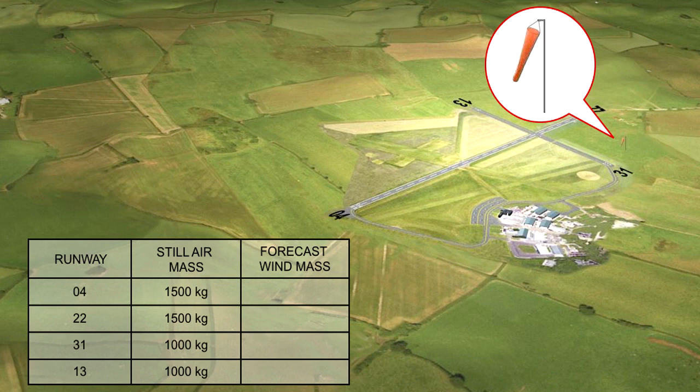But runway 31 and runway 13, being much shorter runways, allow a maximum landing mass of only 1,000 kilograms. Therefore, the most favorable runway in still air is either runway 04 or runway 22, which both allow a maximum landing mass of 1,500 kilograms.